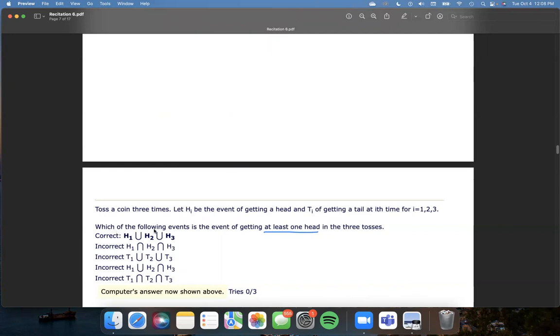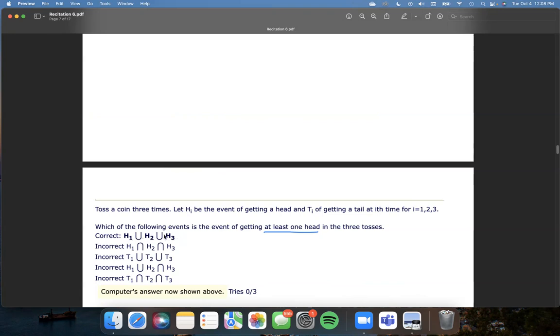So which of the following events is the event of getting at least one head in the 3 tosses? Our correct answer would be H1 union H2 union H3, because to get at least one head, that means you would get a head in the first toss, or in the second toss, or in the third toss.